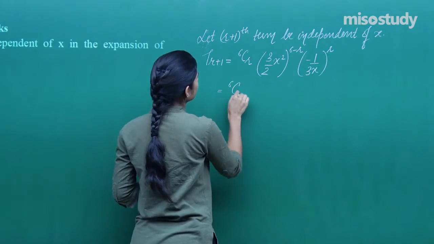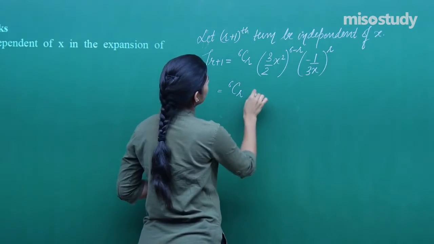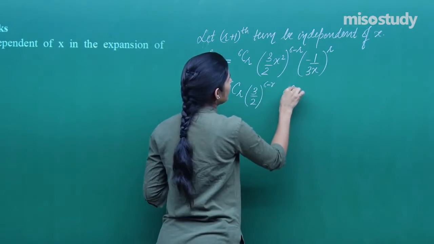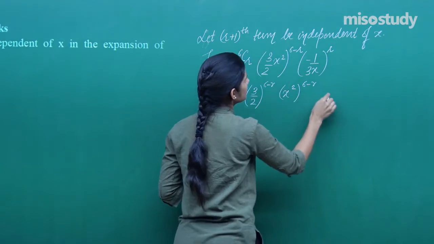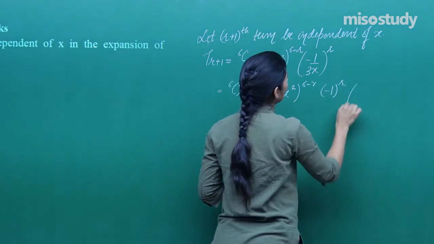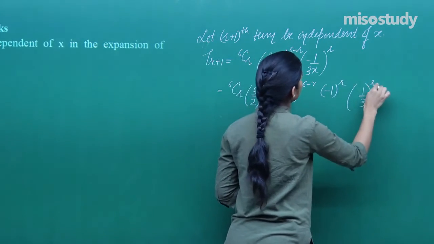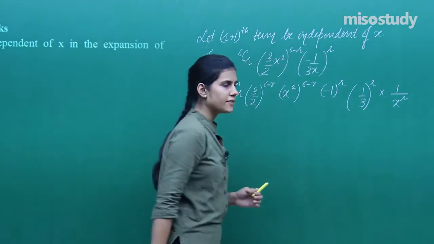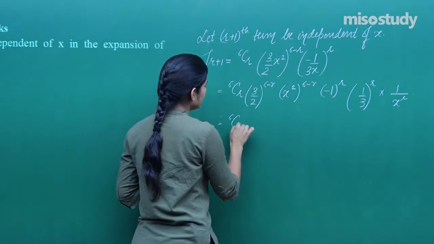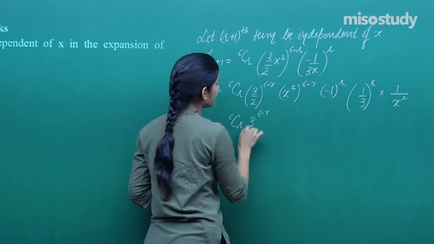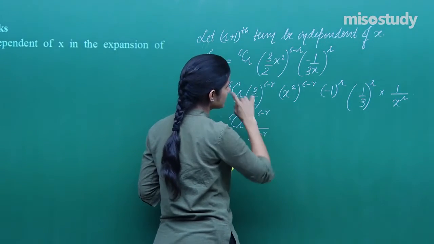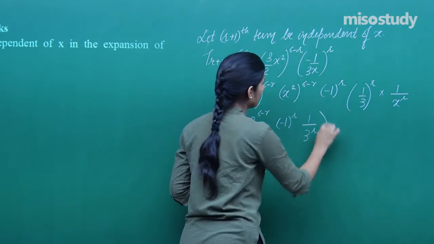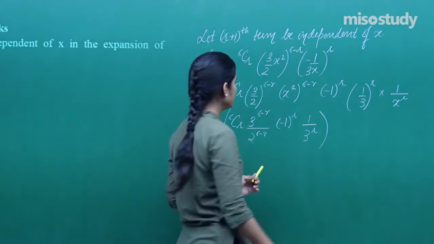This is 6cr. You have 3 upon 2 whole to the power 6 minus r, x square to the power 6 minus r, minus 1 to the power r, 1 by 3 to the power r, 1 upon x to the power r. Collect everything related to x together. 6cr, 3 to the power 6 minus r, 2 to the power 6 minus r, minus 1 to the power r, 1 upon 3 to the power r. All these are constant terms.